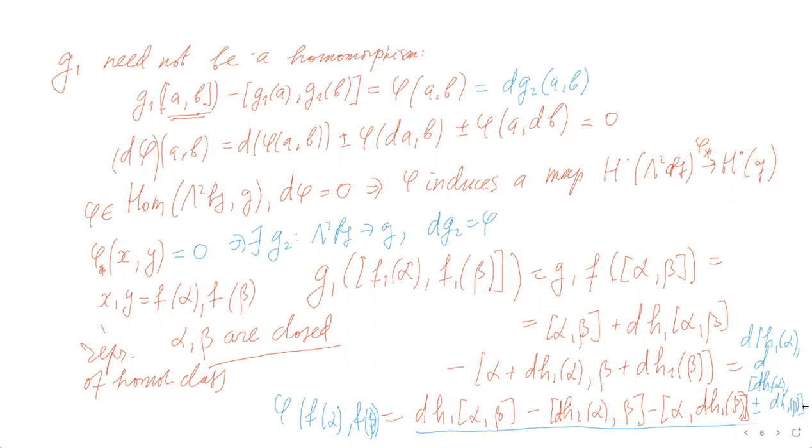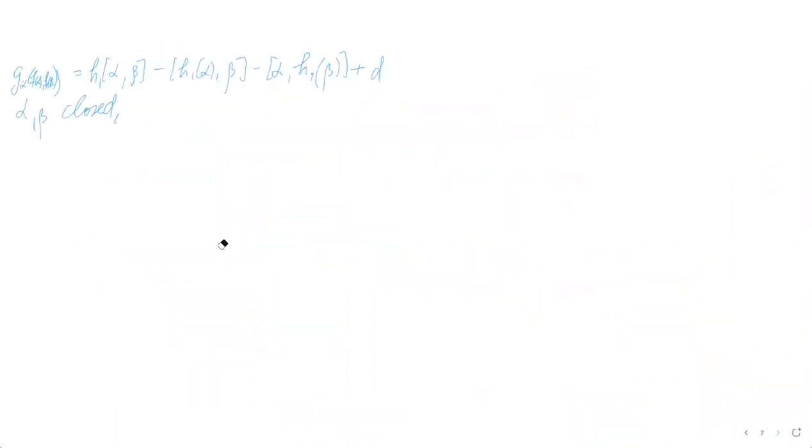Sorry, just, I think I need to put it like this. Let me rewrite it on the next page. So the last term looked like this: D of H1 alpha, D H1 beta, right?